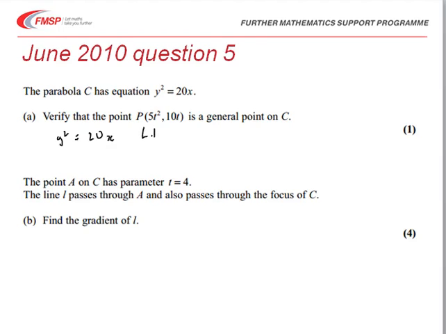So the left hand side is, beg your pardon, 10t all squared, which is equal to 100t squared, and the right hand side is equal to 20 multiplied by 5t squared, which is equal to 100t squared as well. And therefore we can see that the left hand side is equal to the right hand side, so the equation is true with those values of x and y.